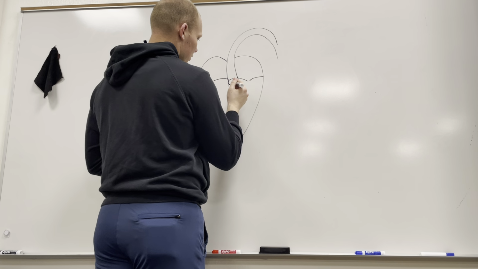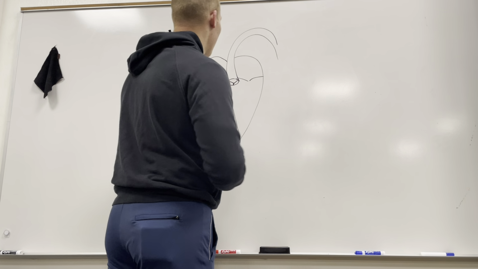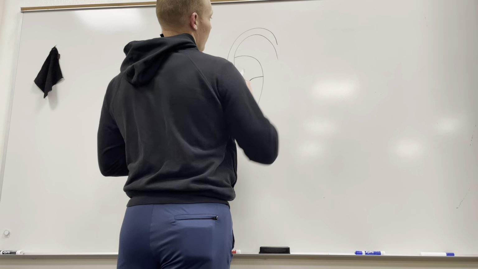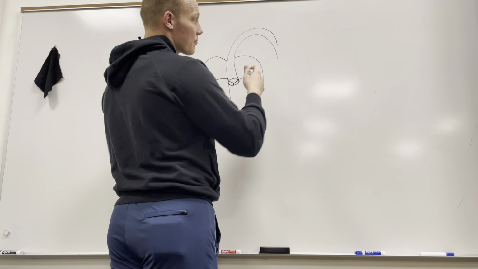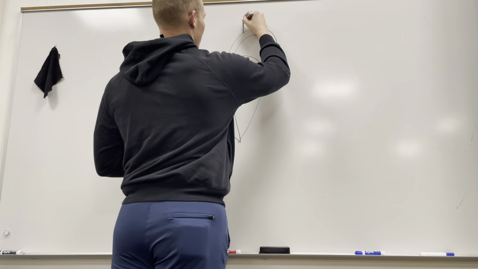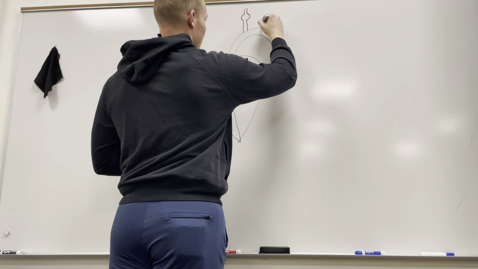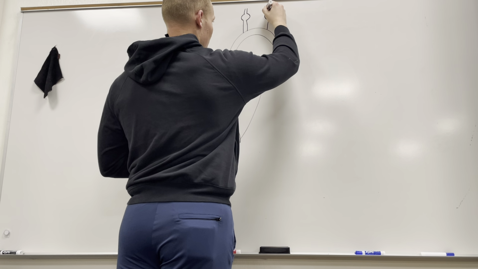We're just going to focus on that aorta. So coming off the aorta, we also have other major arteries, and the big ones are our carotid arteries. So I'm just going to draw two arteries coming off here.